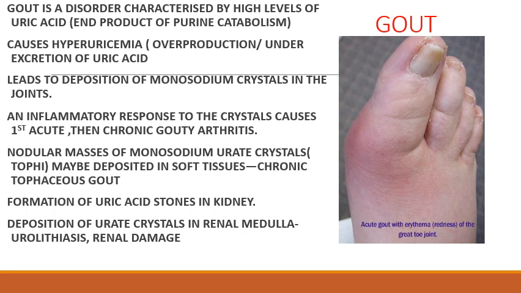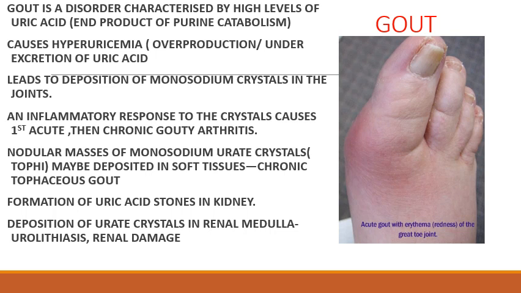Now, what happens? This leads to the deposition of monosodium crystals of urate in the joints. The deposition of these urate crystals results in an inflammatory response, and this results in what is known as an acute and then chronic gouty arthritis.